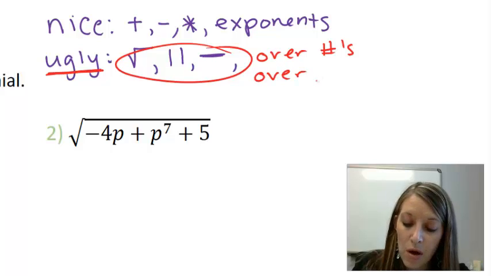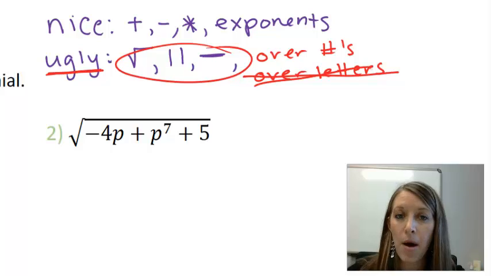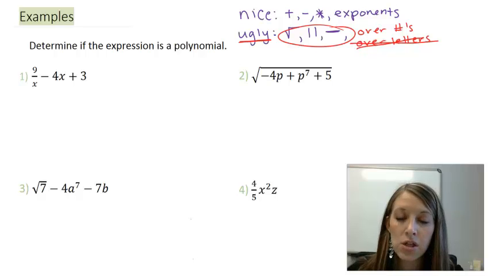They cannot be over letters. If they're over letters, that definitely means it's not a polynomial. If we have one of those ugly operations over numbers alone, then that's okay. So I suggest that you pause the video at this time and take a wild guess to see if you can identify which of these are and are not polynomials.